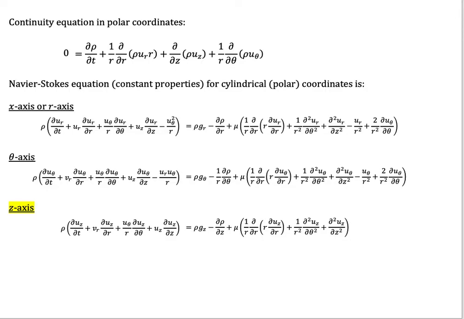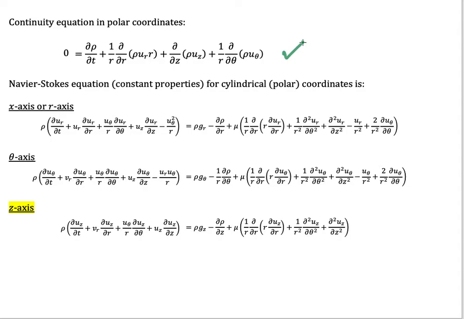So this is the continuity equation for polar coordinates. I hope I will give the continuity equation and Navier Stokes equation, both for Cartesian coordinates and polar coordinates, in your test and exam. So please understand that, especially the Navier Stokes equation for polar coordinates.